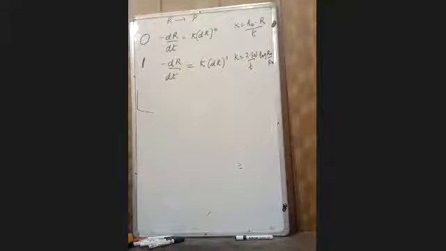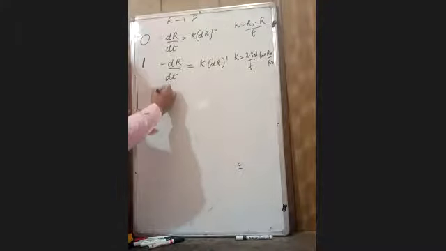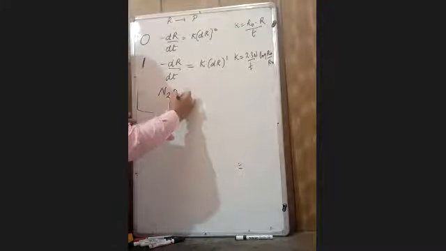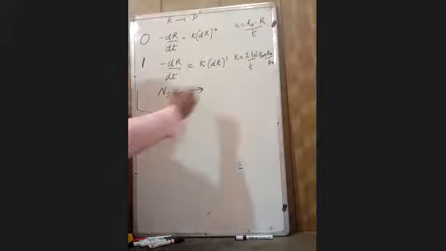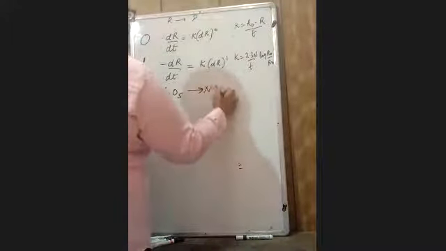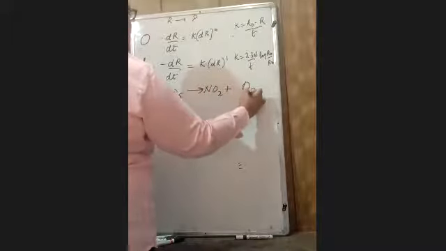The initial concentration of nitrogen pentoxide in the following first order reaction is given to us. N2O5 decomposes to form NO2 plus O2. Always write a balanced equation.